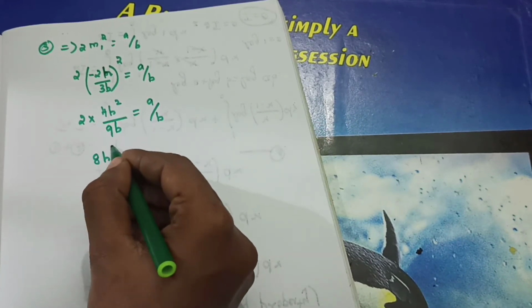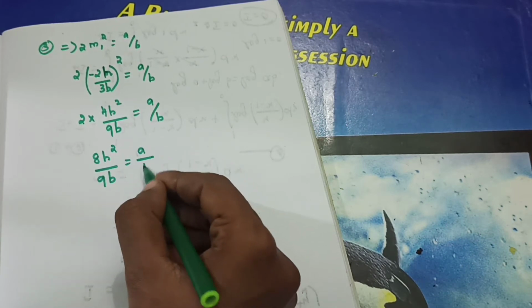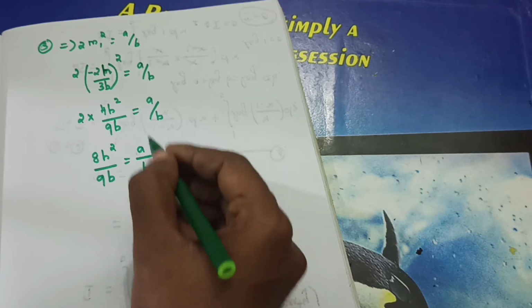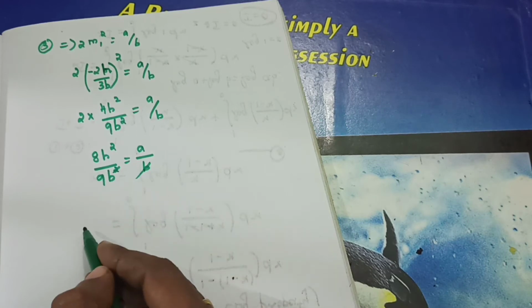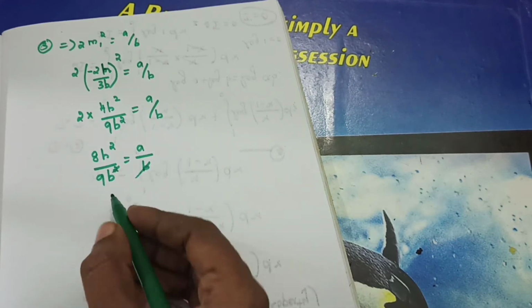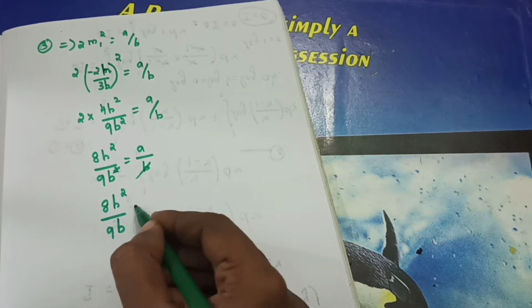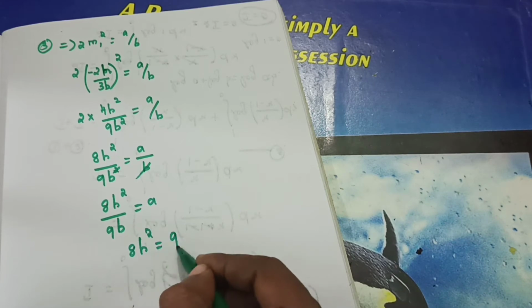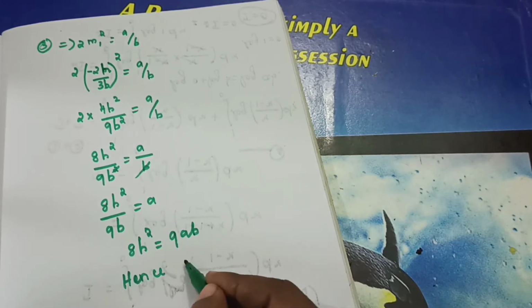That is 8h square divided by 9b square equals a by b. In the next step, b square and b get cancelled. Otherwise you need to cross multiply. So 8h square is equal to 9ab. This is what you need to prove. Hence proved.